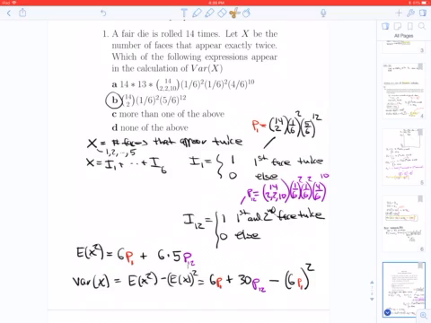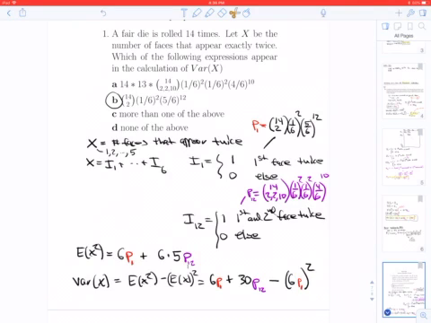If you were doing X as I1 to I14, then your indicators would refer to the rolls of the die, and these rolls are independent of one another, but I1 would have to be something like that the first roll appears exactly twice, or something like that.